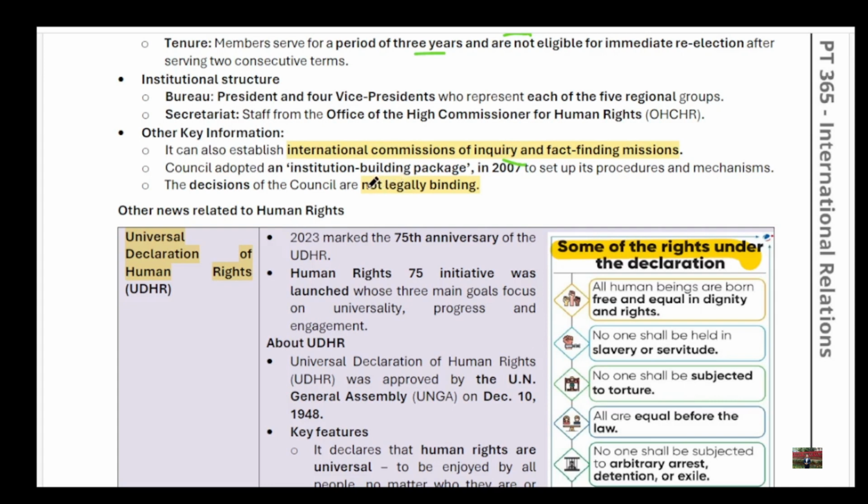That is why the UNHRC can establish this mission, to check that human rights are intact. The council adopted an institution-building package in 2007. The UNHRC came into force in 2006, and just after one year, in 2007, it came up with the institution-building package to formulate the procedures and mechanisms for the Human Rights Council.